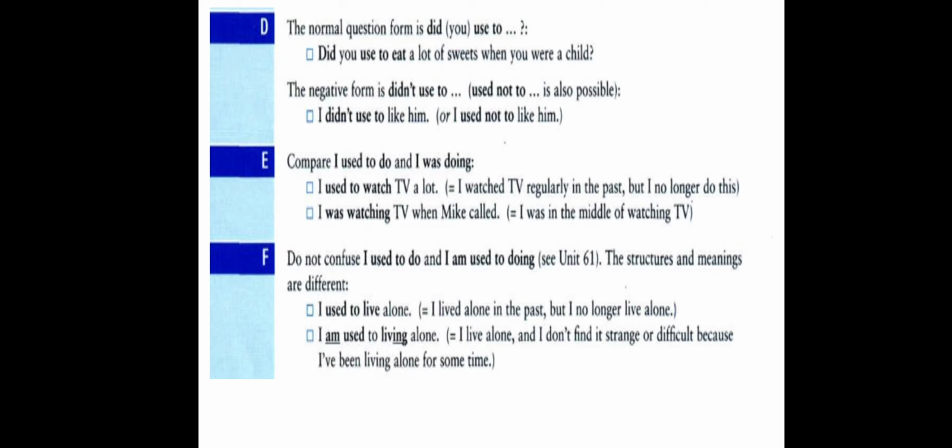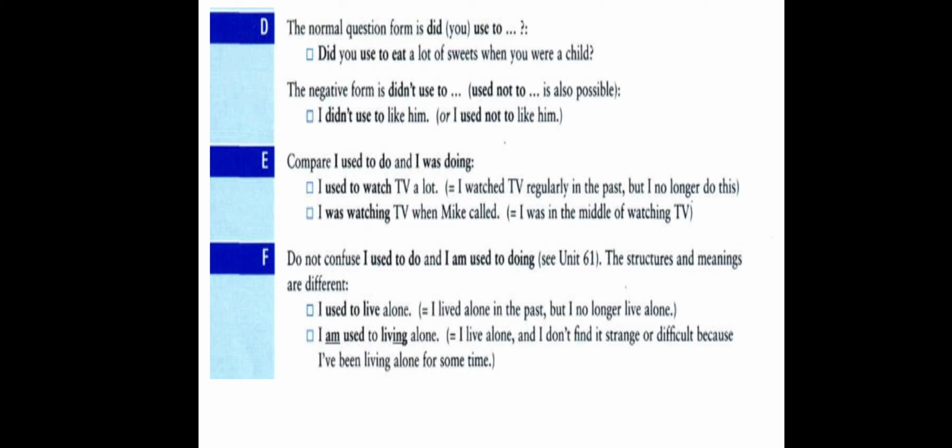In the negative form, we have 2 possibilities, not one. The first possibility, the common or classic one, is using did plus not. So we say, I didn't use to like him. I used to like him. To make it negative, we say I didn't, and used goes back to its original verb, use.